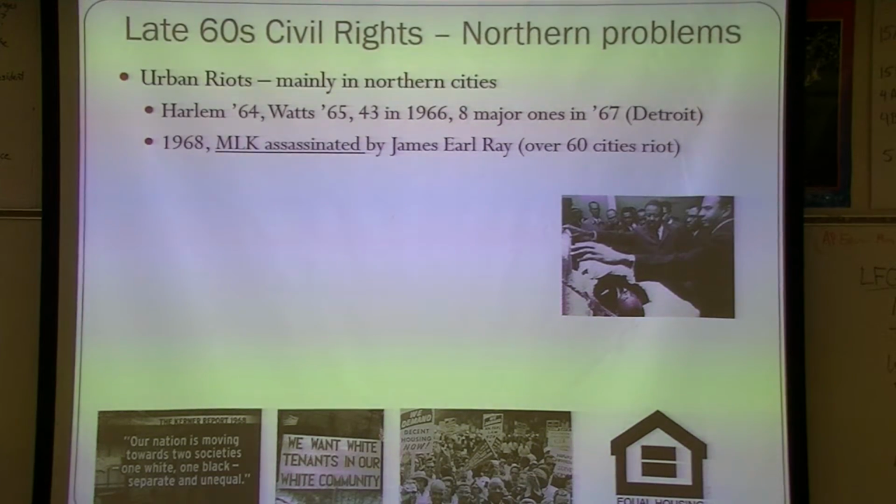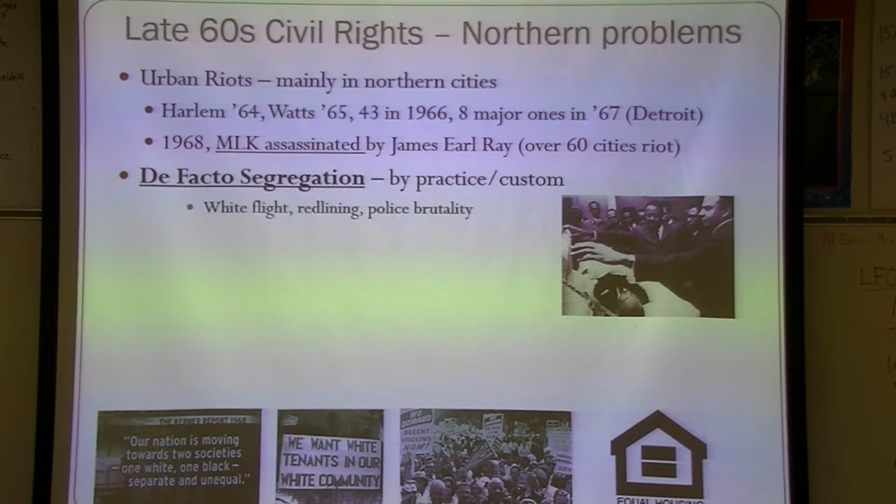And so when looking and saying, well, what is the problem? This might sound real familiar, because you're saying, wait, this is over 50 years later, and their main problems were white flight, redlining, police brutality, pretty much the systematic racism that was built in. The white flight had made it where the schools had lost their funding.